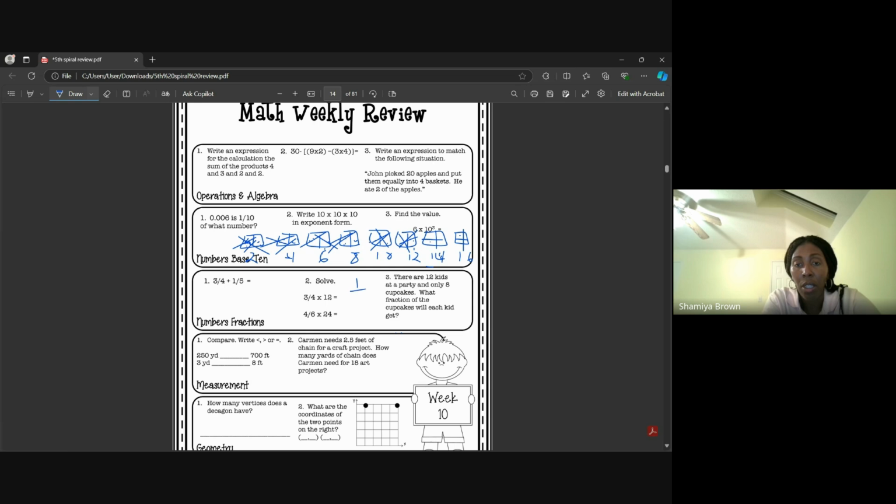So a half plus they have 2 more cupcakes. And I can't split it into halves because that won't be enough to give each one of them one. So I would have to split it into 6.